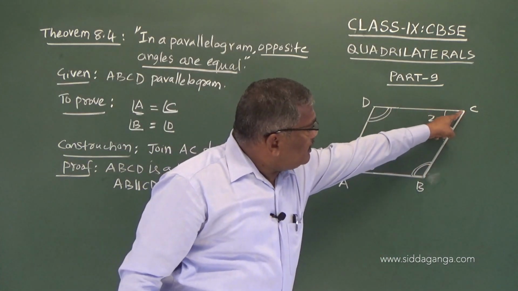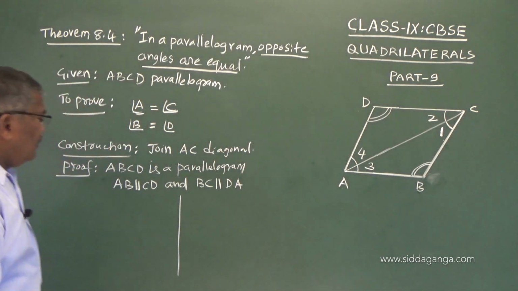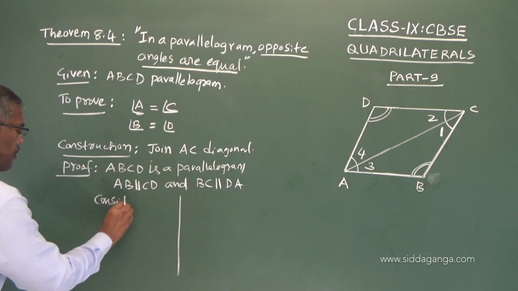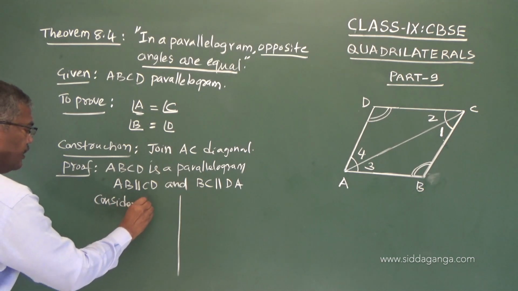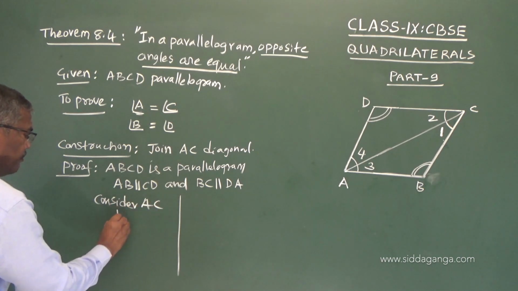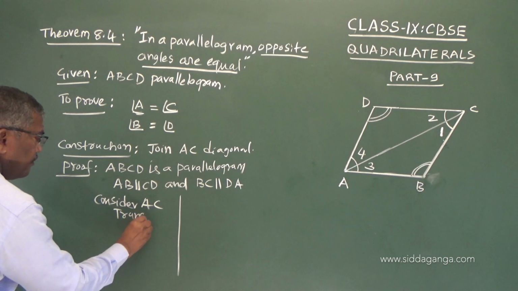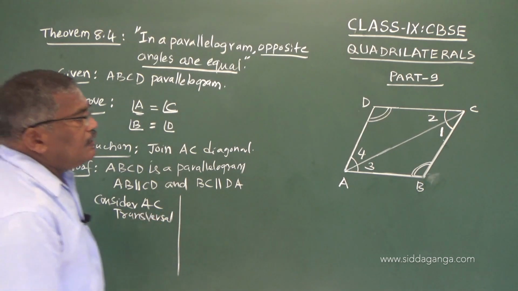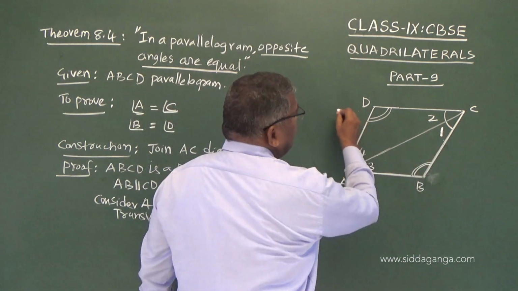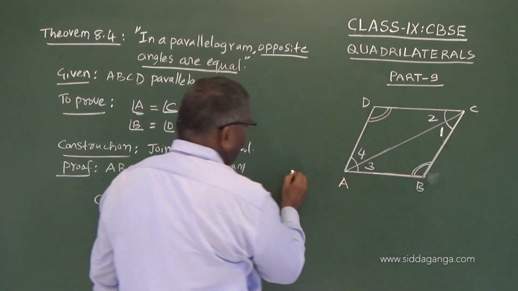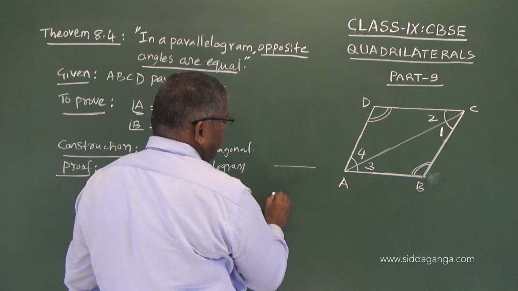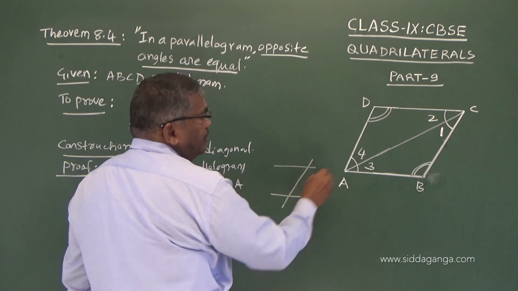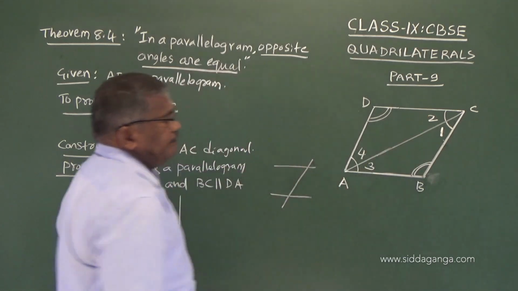Consider AC as the transversal. So when we consider AC as transversal, DC and AB, you observe here, this is DC and this is AB, and AC is the transversal.